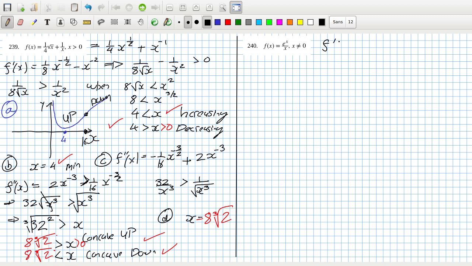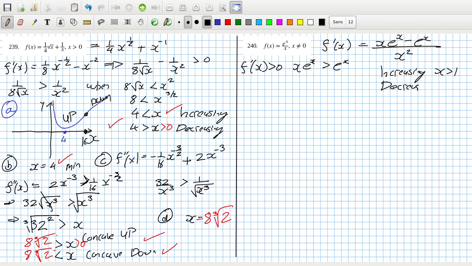First derivative is the bottom squared, the bottom times the derivative of the top, minus the top times the derivative of the bottom. So when will this be positive? That is when ex is more than ex. So that means it's increasing when x is more than 1, decreasing when x is less than 1, and I should also say when x can't be 0 when it's less than 1.